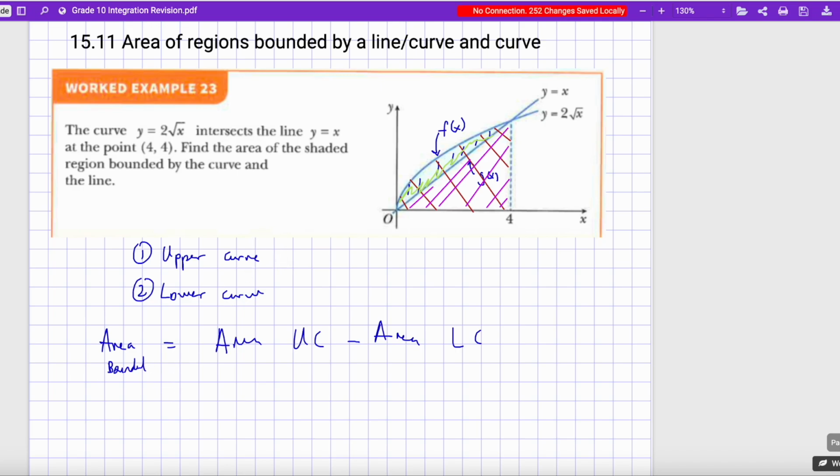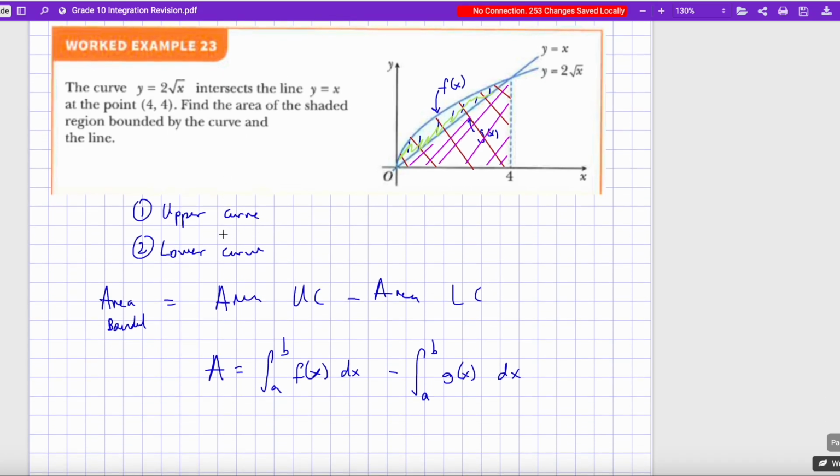In general, this is the formula: A equals the integral from a to b of f(x) dx, which is the upper curve, minus the integral from a to b of g(x) dx, which is the lower curve. This is how it works.